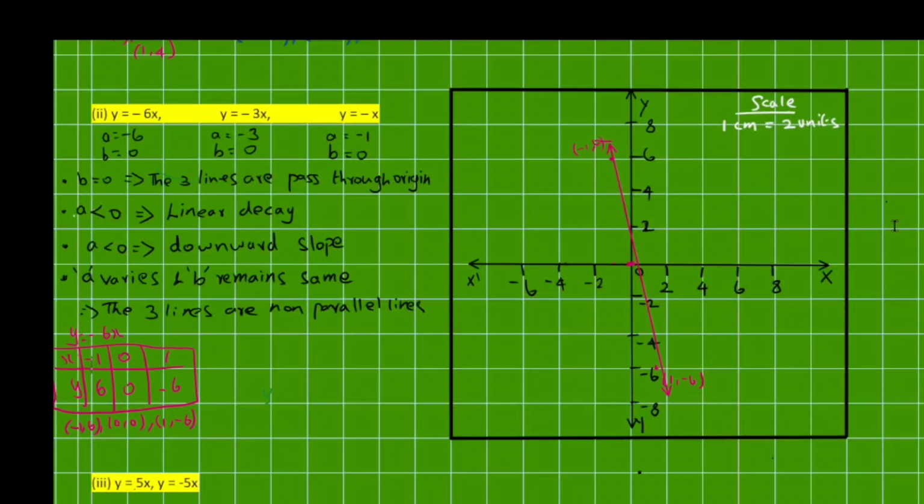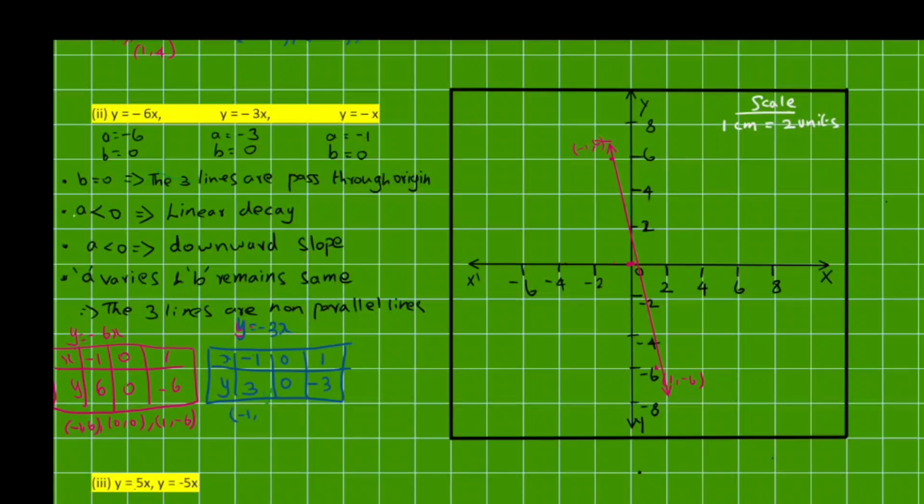The next line, y is equal to minus 3x. What are the points for x and y? When x is minus 1, minus into minus gives plus 3; at 0, we get 0; and when x is plus 1, y is minus 3.